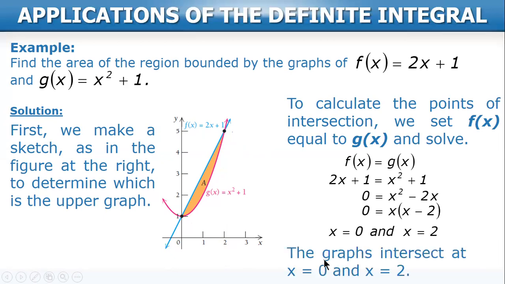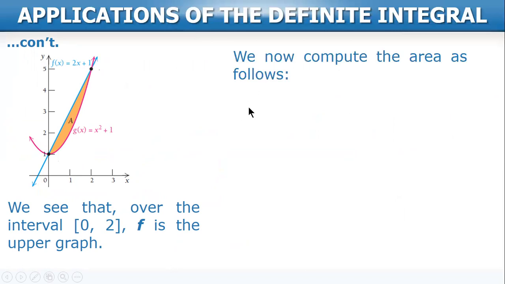So the graph intersects at x equal to 0 and x equals 2. We see that over the interval 0 to 2, f is the upper graph, the blue line. So we now compute the area as follows. Integral of f of x, f being the upper graph.